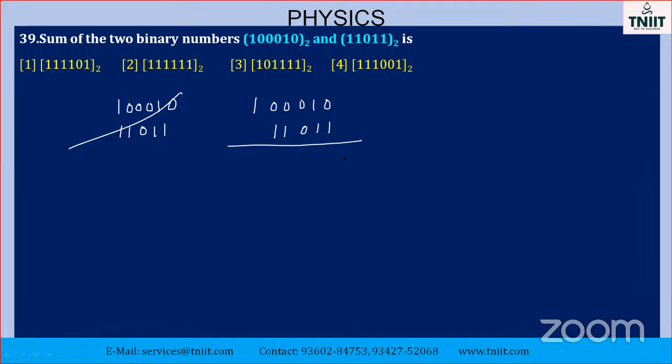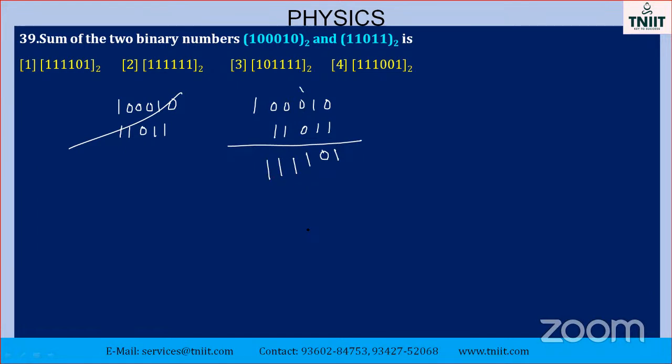Binary operation. You know what is 0 plus 1? 1. 1 plus 1 is 10. So 0, 1 carry. So 1 plus 0 is 1. 0 plus 1 is 1. 0 plus 1 is 1.